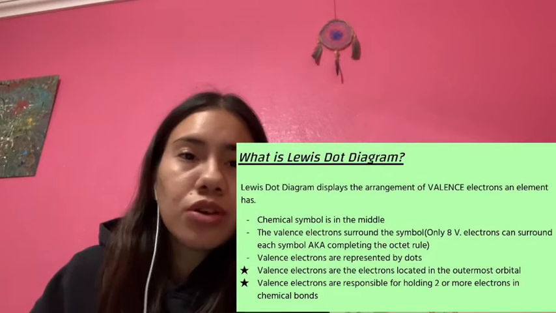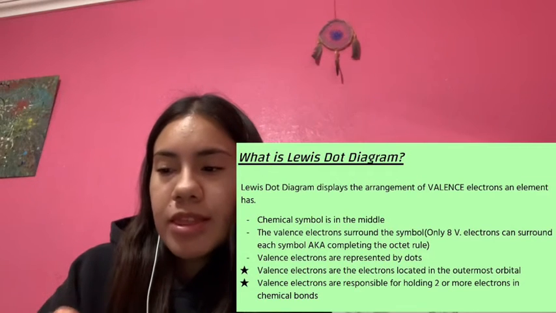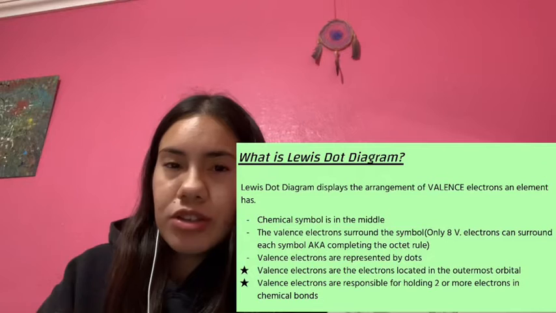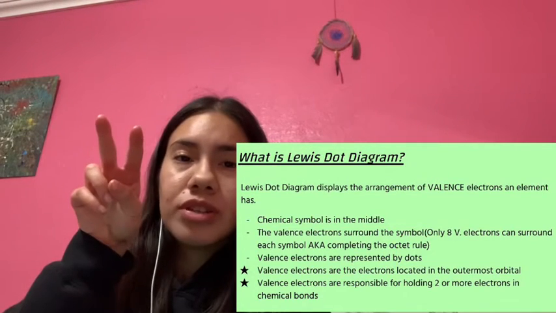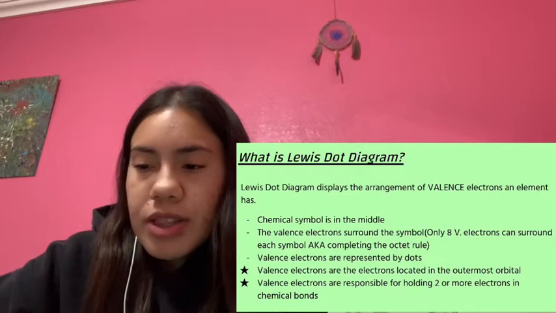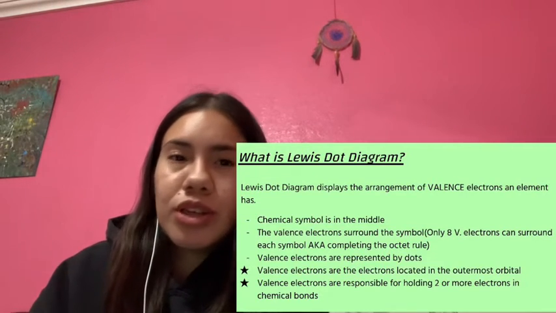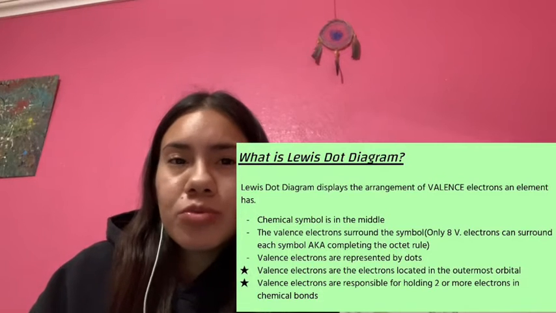So for carbon, we could put 2 on the top and 2 on the side, or 2 on the top and 2 on the other side. It doesn't matter. But that's just for a single one. If we're doing bonds, which I'll show an example of later, then it would be a little different; well, not completely different, but the process would be a little bit longer.